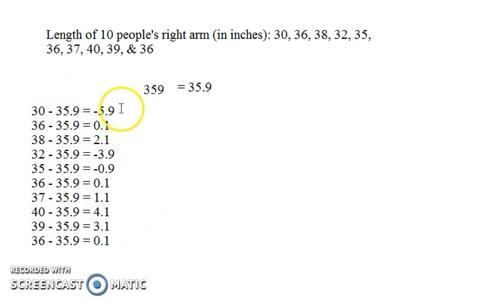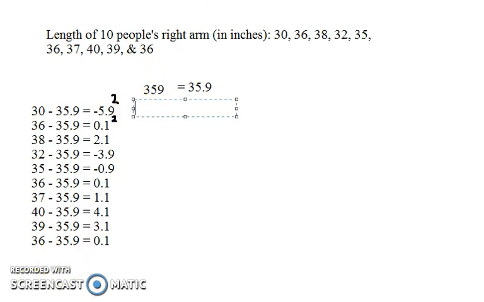Now, the next thing you want to do is take each one of these and square it. That's going to be negative 5.9 squared, 0.1 squared, 2.1 squared, and so on.